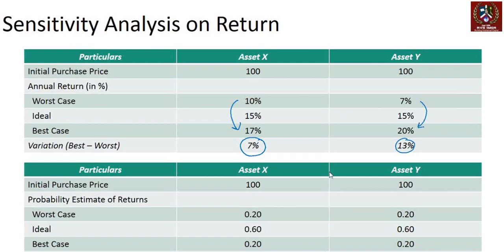Now, assuming that your expected return in both the cases is the same, which is 14.4%, which one would you choose, right? Which means my chances of making returns, while I know that in some cases I might end up making 20 here, there are going to be some cases when I'm going to make 7. If I do both of these 100 times, 20 times I'll make 7, 20 times I'll make 20.